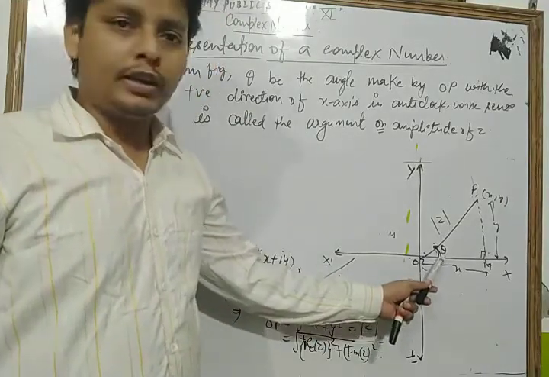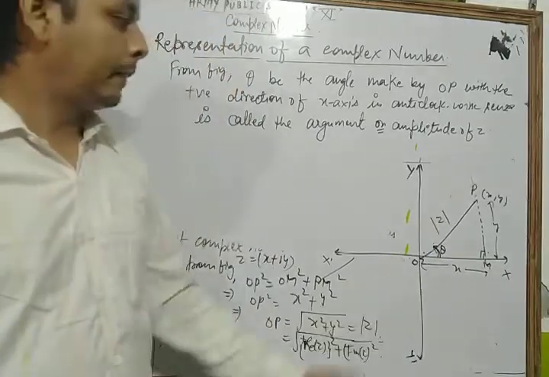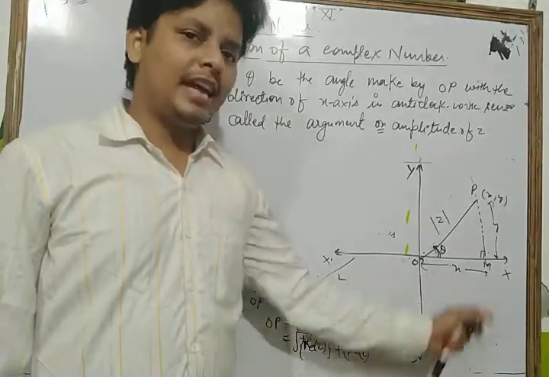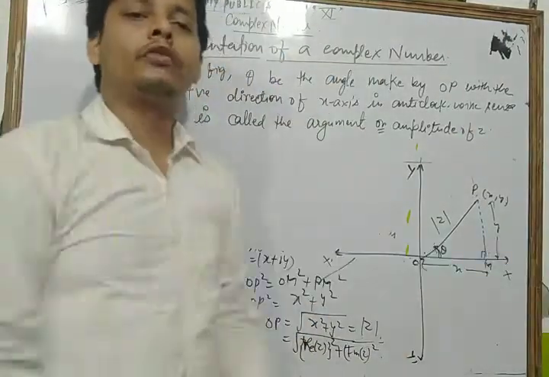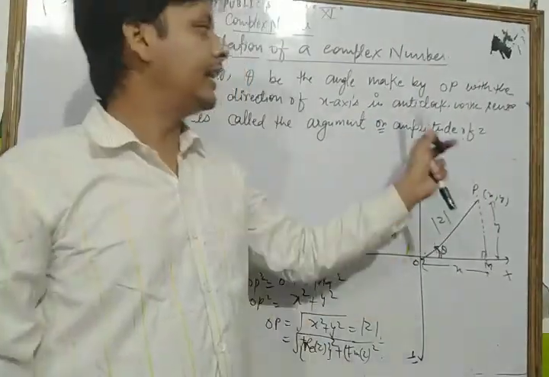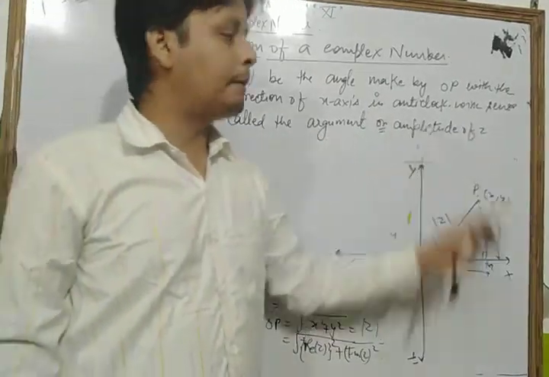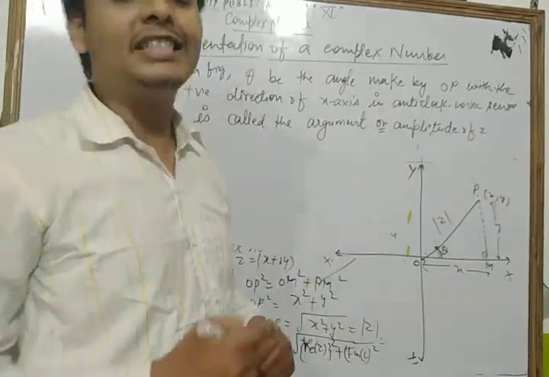Here in the figure, theta is the angle made by the line OP with the positive direction of the x axis in anti-clockwise sense, and it is called the argument or amplitude of z.